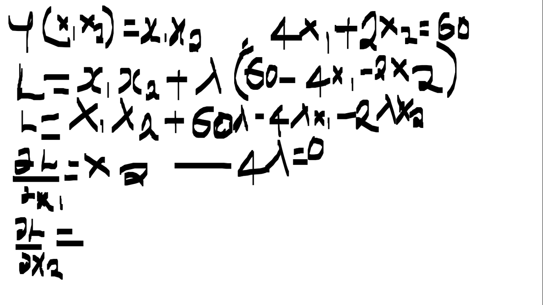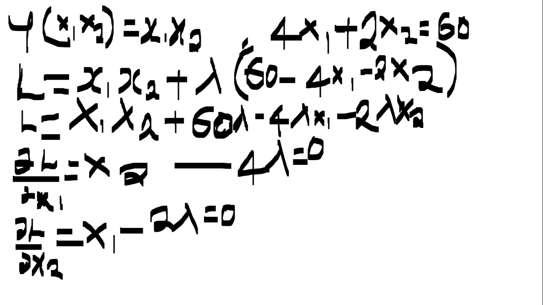From here, we're going to have x1. Then if we differentiate this with respect to x2, we're going to have minus 2 lambda. We equate this to 0.